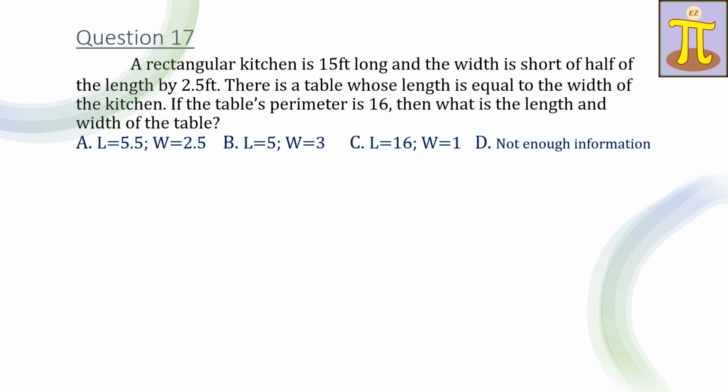Question number 17. A rectangular kitchen is 15 feet long and the width is short of half of the length by 2.5 feet. There is a table whose length is equal to the width of the kitchen. If the table perimeter is 16, then what is the length and width of the table?